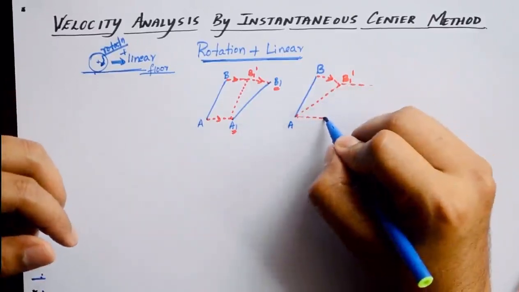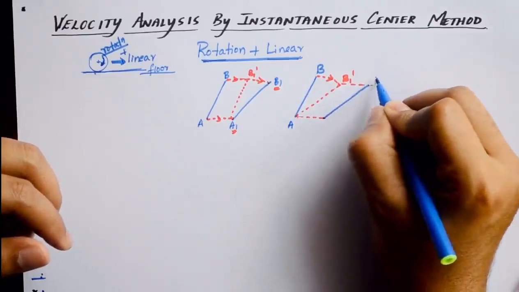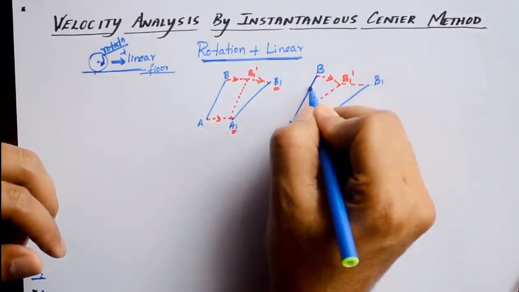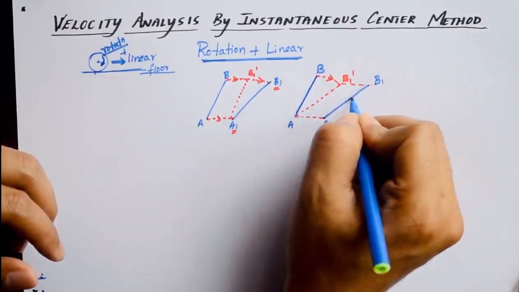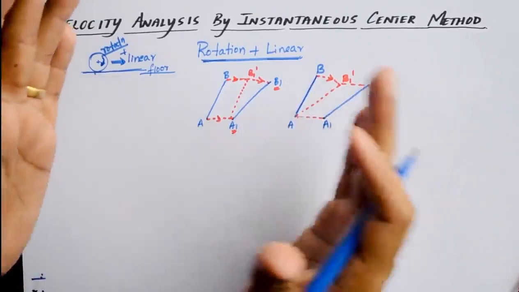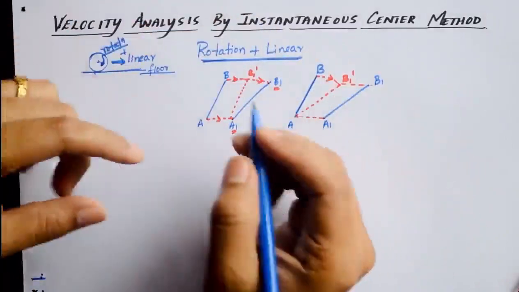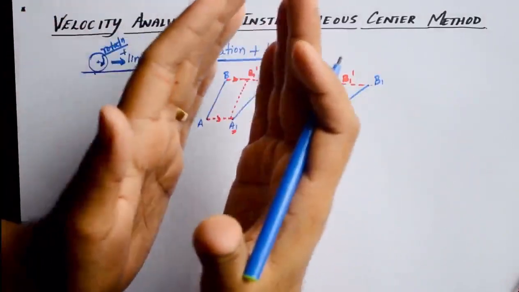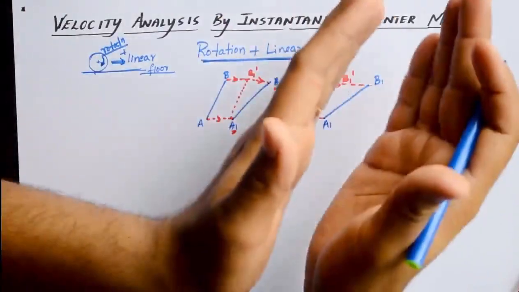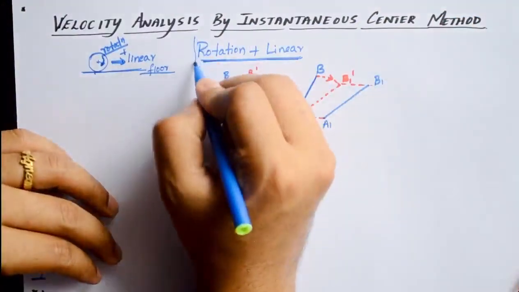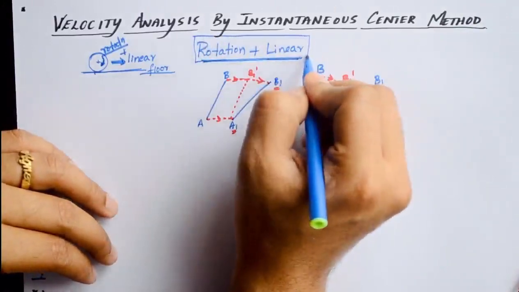This will be the final position of the link, which we name A1, B1. So this was the initial position of the link, and this is the final position of the link. We can assume this movement of the link from AB to A1, B1 in two manners: either linear and then rotational, or rotational and then linear. The thing is that rotational and linear motion happen together for any link.